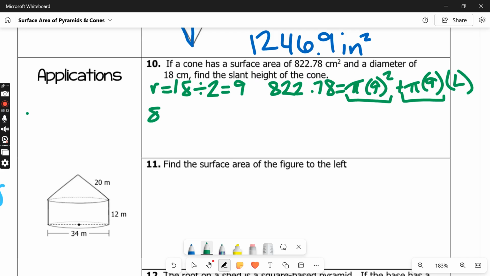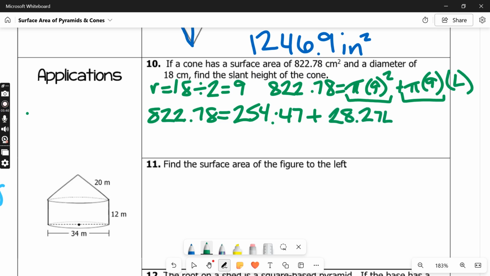So 822.78 is equal to, when I put pi times 9 squared in my calculator, 254.47, plus, and when I put pi times 9 in my calculator, I get 28.27 L.